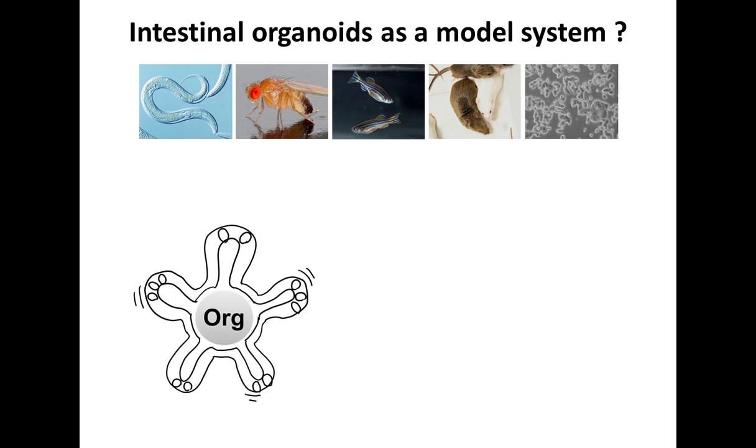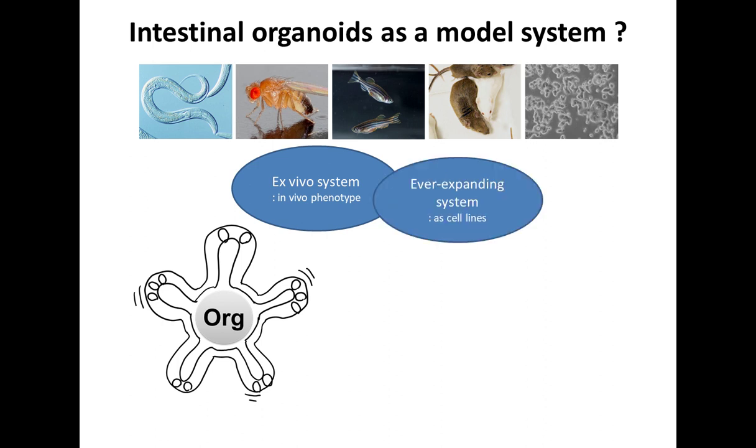So I made another summary. Here you have an organoid, and it's really up to your imagination. This is an ex vivo system where you can observe in vivo phenotype. It's an ever-expanding system. You can even try to cryopreserve them as a cell line, as if they are a cell line. After you finish your holiday, you can come back to the lab, thaw them and restart your experiment.